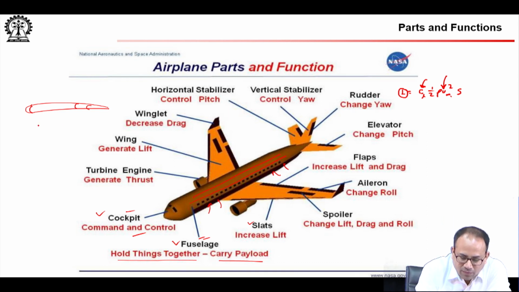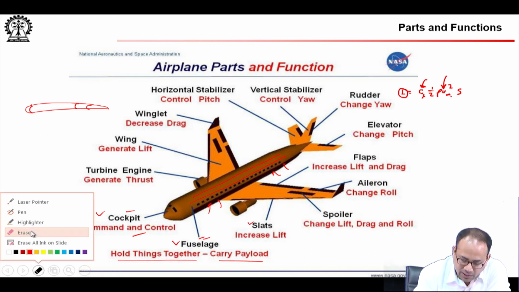However, during takeoff the general arrangement would look something like this, remember the flaps are deflected, but not a lot.